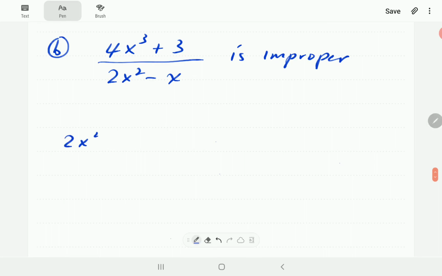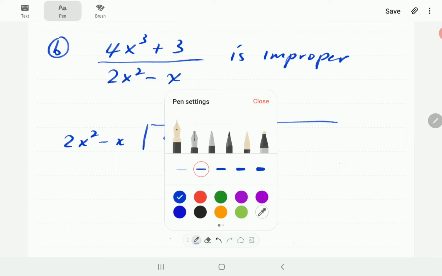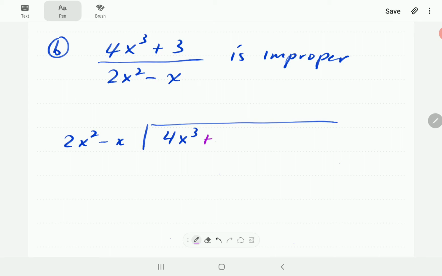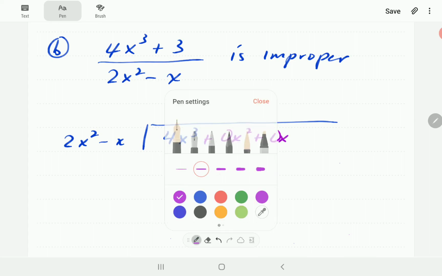So 2x squared minus x here, and 4x cubed. When we are dividing, we need to make sure that all the powers of x are represented. So we're going to write 0x squared here, 0x, then of course plus 3 is there.